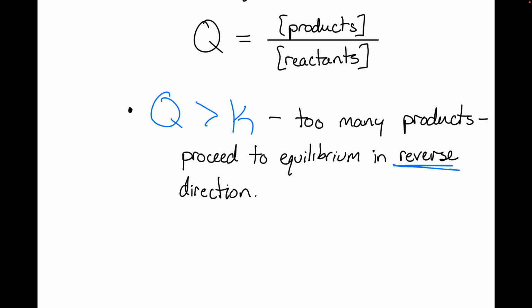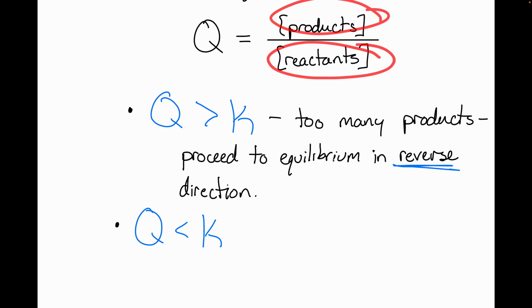All right, well, by that same logic, what's going to happen if we calculate a value of Q and it's less than that equilibrium constant K? Do we have too many products or too many reactants in that mixture? Now we have too many reactants. So this is going to proceed to equilibrium in the forward direction.